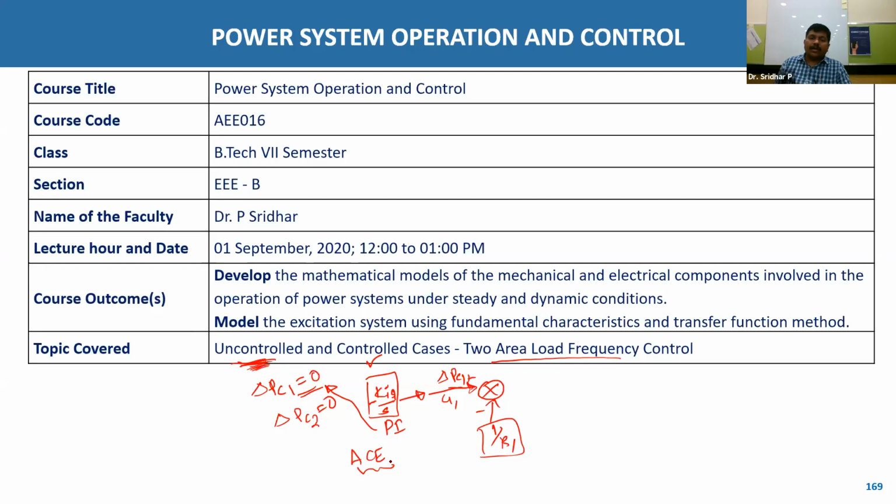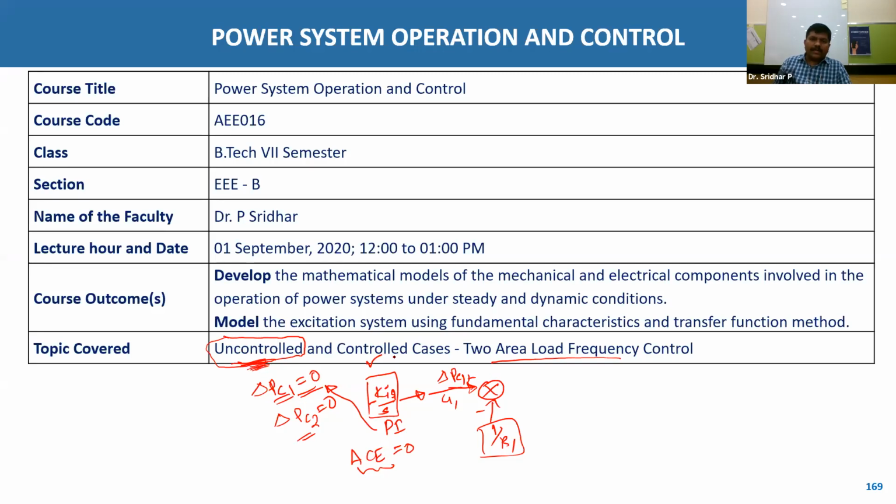Area control error need not be generated because the output of this PI controller is 0. So if anybody asks you to derive the expressions of the two area control system for the uncontrolled case, simply assume delta PC1 and delta PC2 are equal to zero. These are the two standard thumb rules.